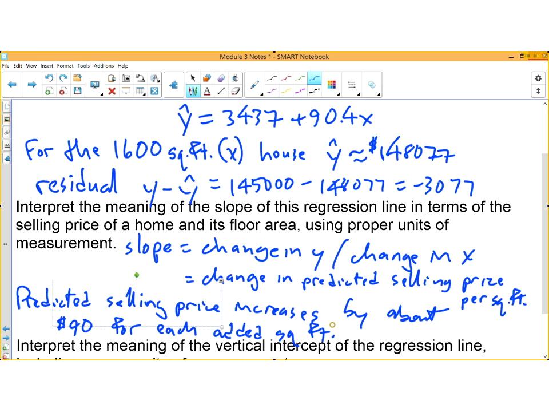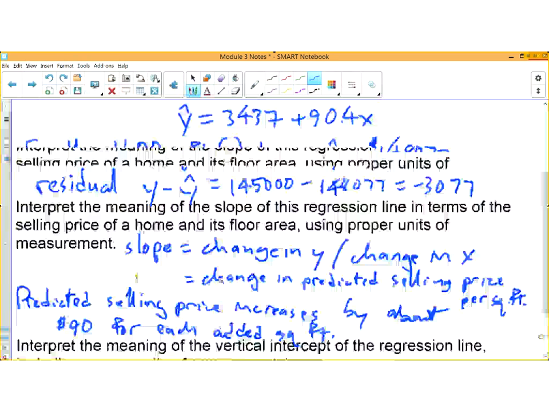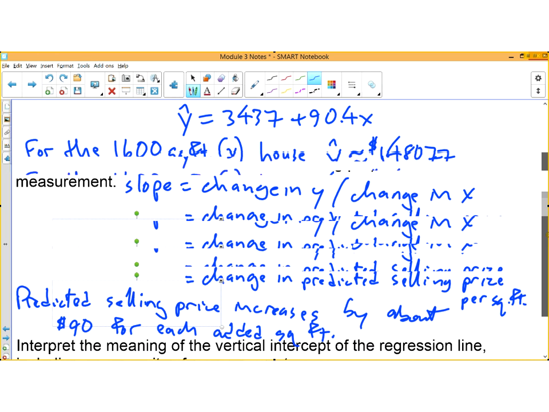You can say per square foot is fine. And if you read the on-site notes that I posted online, it adds a little something to that. It says that slope tells what happens to y, well, to y hat, the predicted y, when x goes up 1. So when x goes up 1, that means that's the added square foot. For each additional square foot, the predicted selling price goes up by about $90.